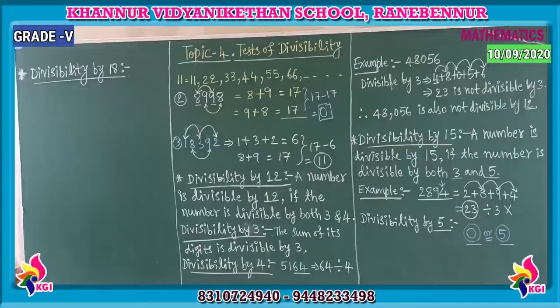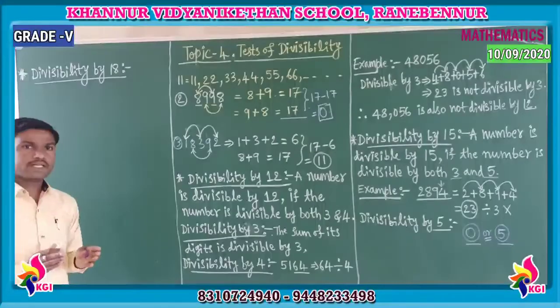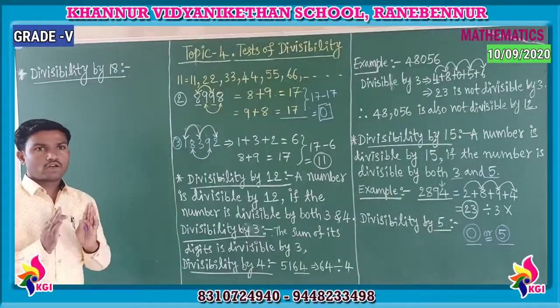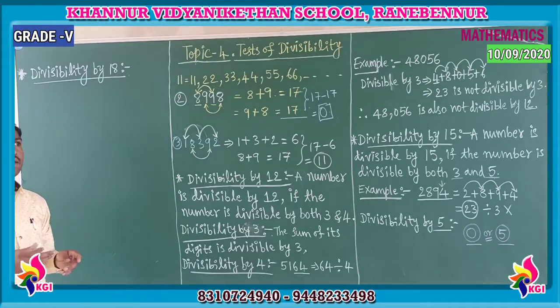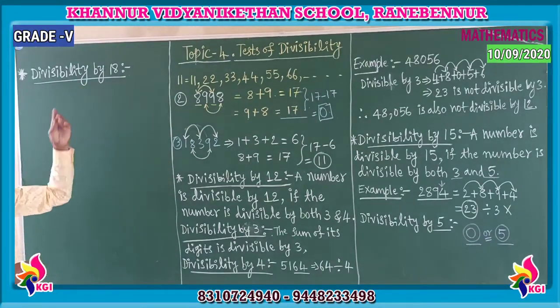If any number is there, we check whether that number is divisible by 18 or not. How to check? We have one rule, we can study that and learn the divisibility by 18.